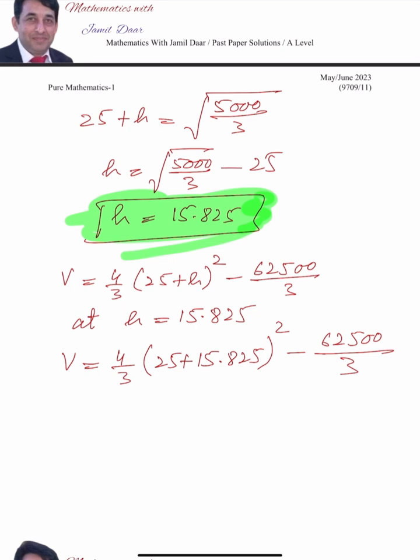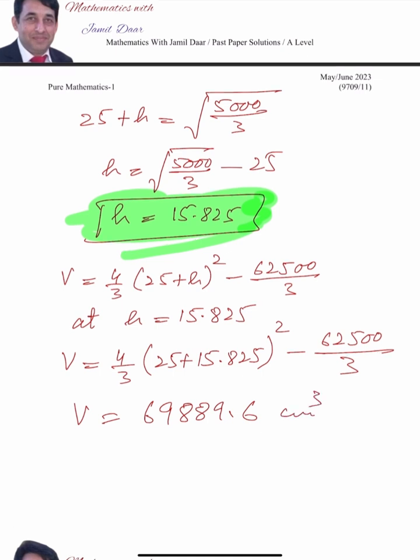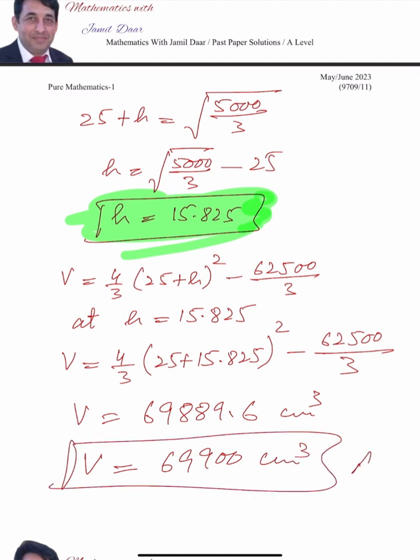Now you'll get the value V equal to 69,889.6, and if you round it to three significant figures, that will become 69,900 centimeter cubed. So this is your answer.